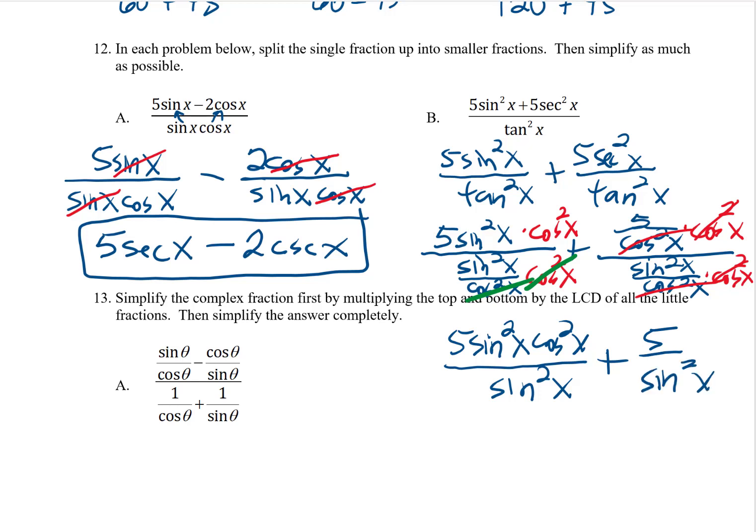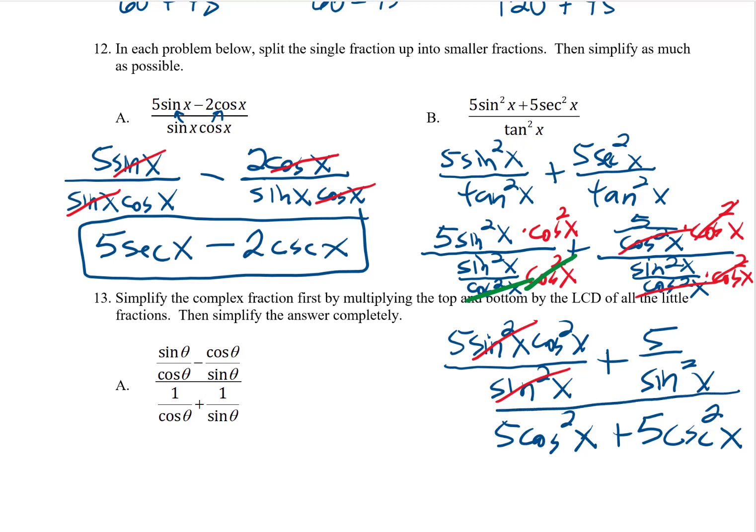Of course, then in the first fraction, the sine squareds divide out, leaving me with 5 cosine squared x. And in the second one, I could reciprocate that sine squared up to the top, turning it into cosecant squared x. And I think that's as simple as I can make it.